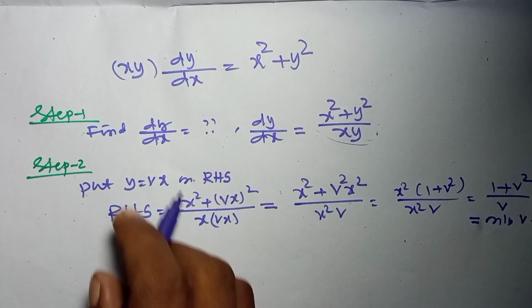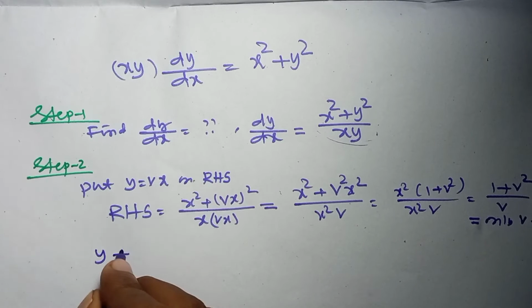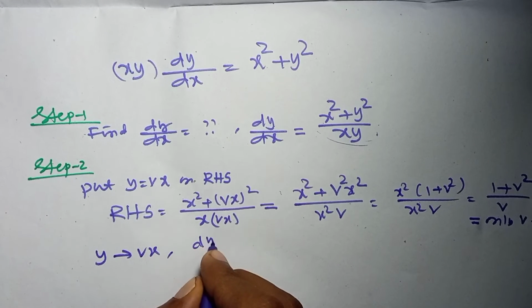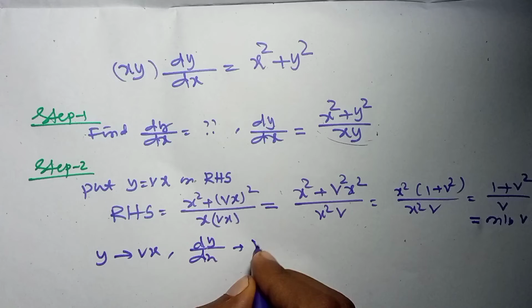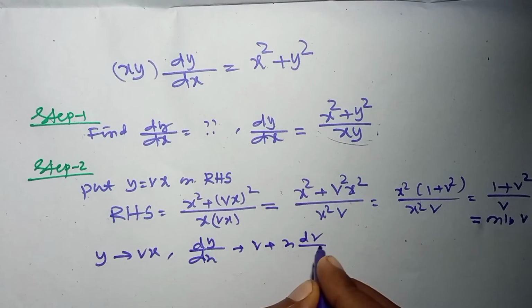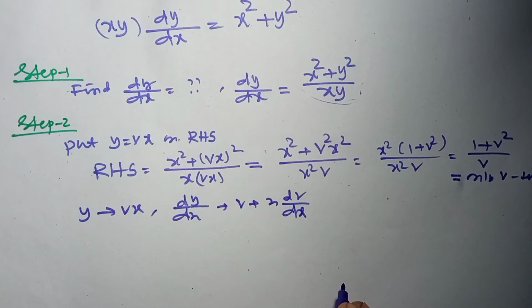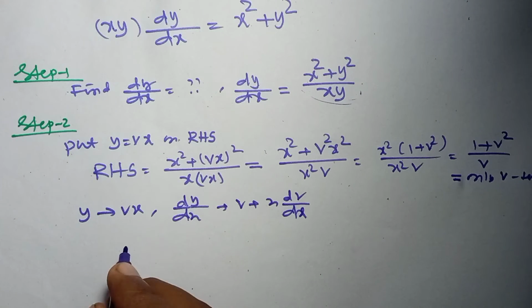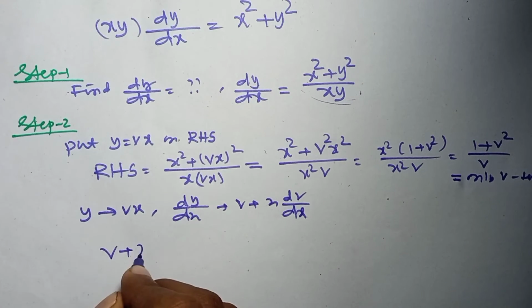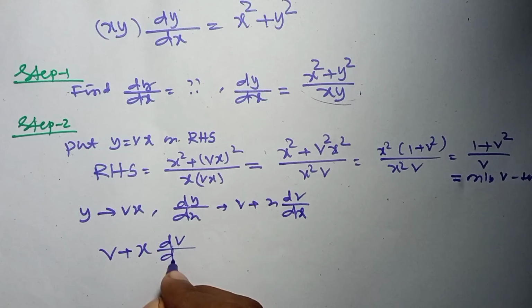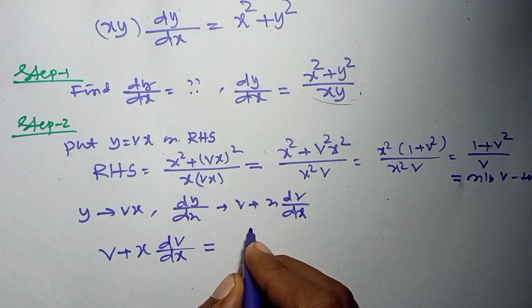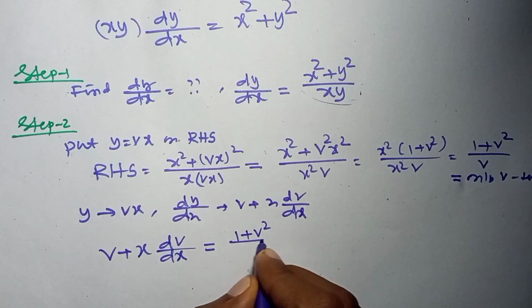So how to solve it? I have to replace y by vx and dy by dx by v plus x dv by dx. So after replacing, it will be v plus x dv by dx is equal to 1 plus v square upon v.